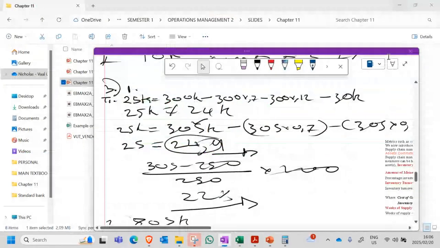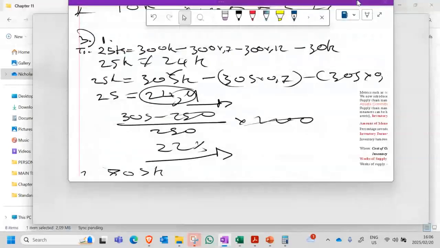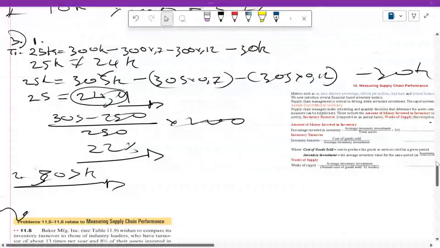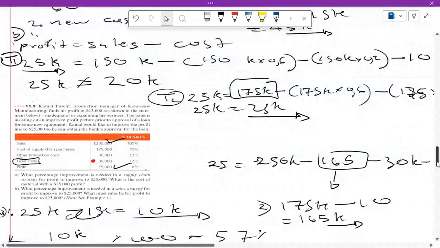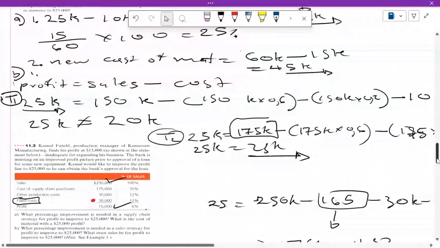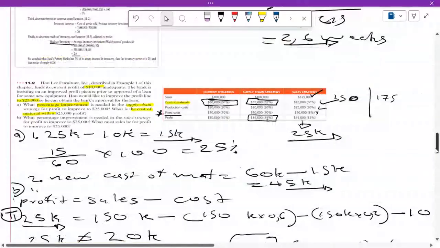As you see here, the 25 is the desired profit, and the 10K is the current profit. When I minus, I see the opportunity, that cost opportunity that I need to reduce, which is 15K.